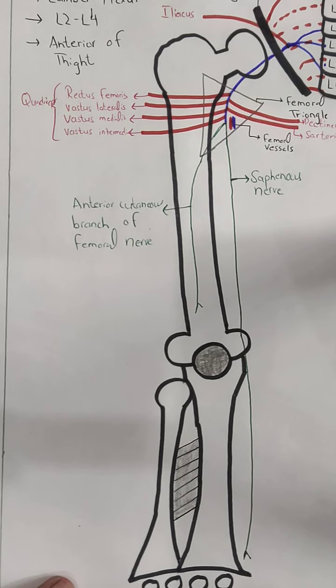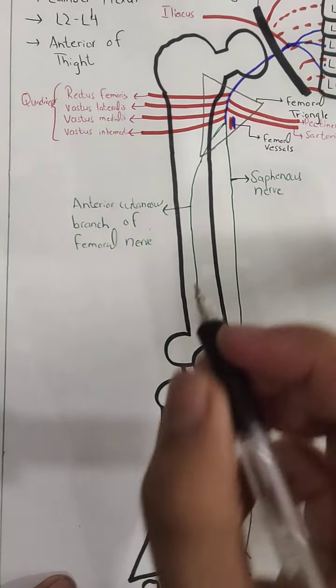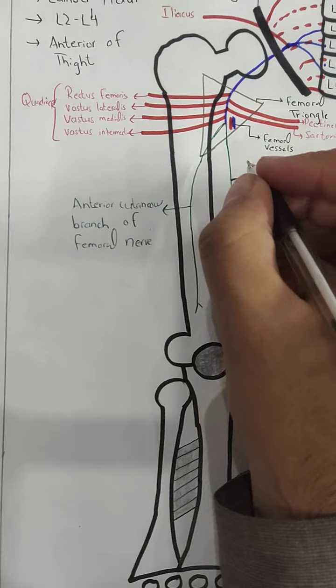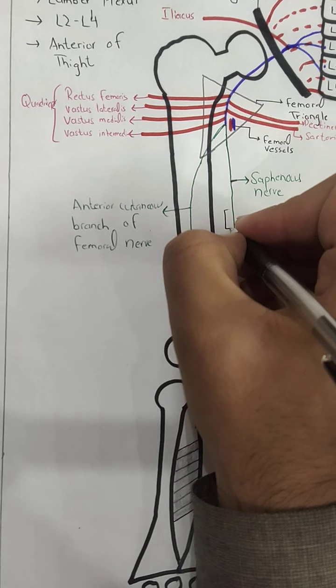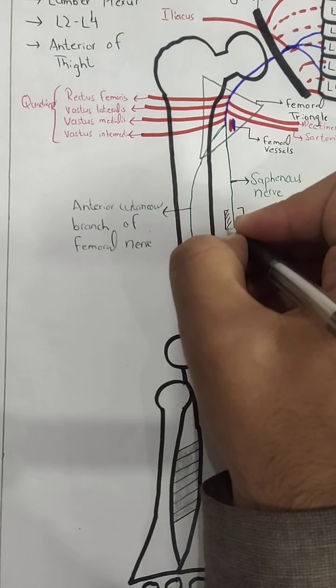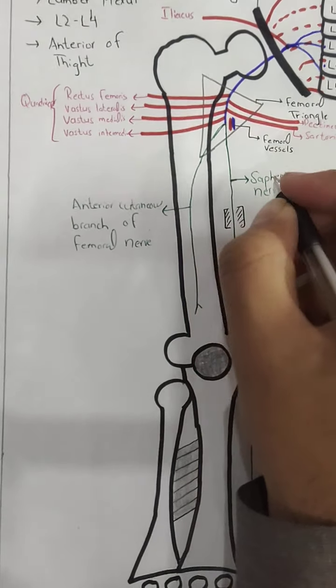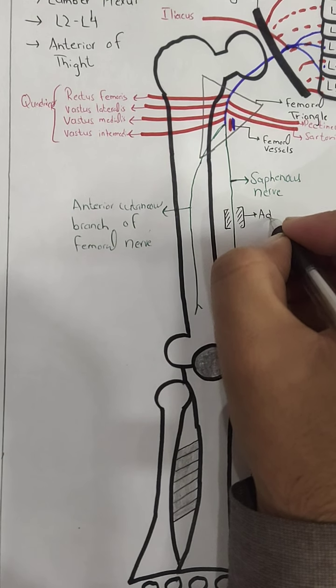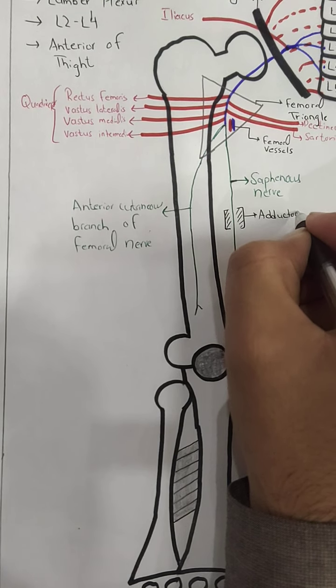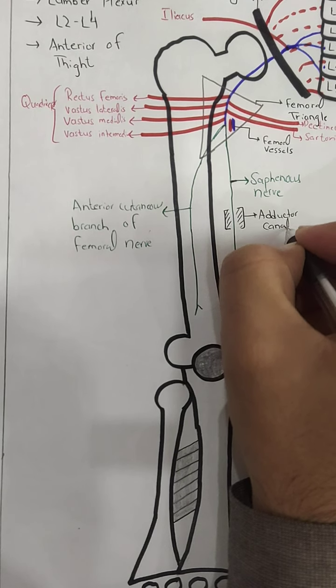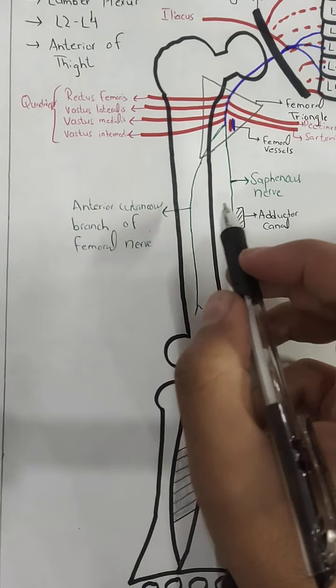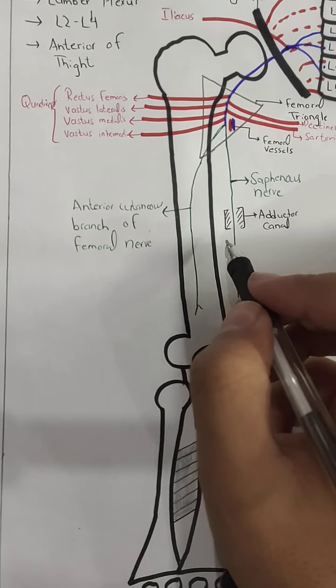First of all, this saphenous nerve will pass through here. This is the adductor canal. So it will pass through the adductor canal in the thigh region.